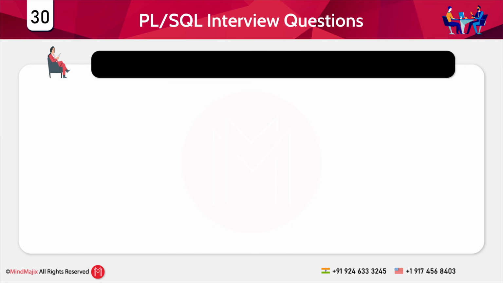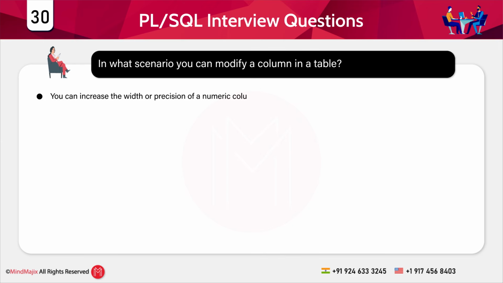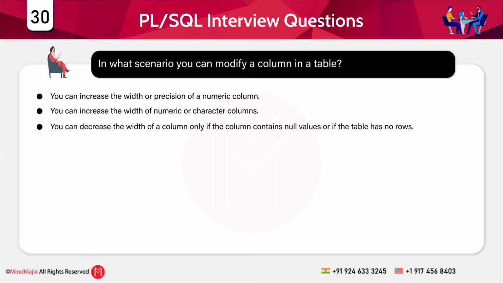The next question is, in what scenario can you modify a column in a table? There are a few conditions or scenarios which you must understand while modifying a column. You can increase the width or the precision of a numeric column, and you can increase the width of the numeric or character columns.